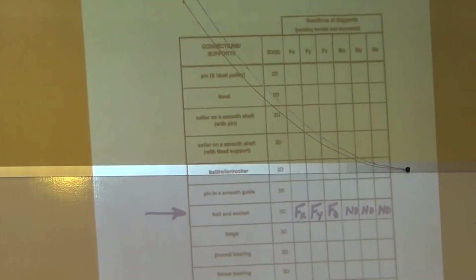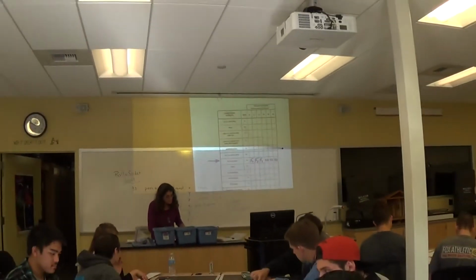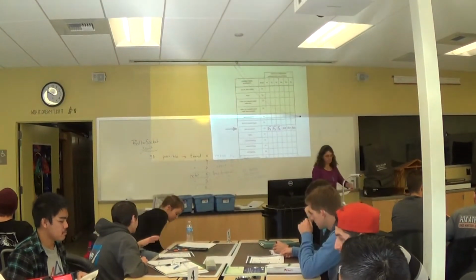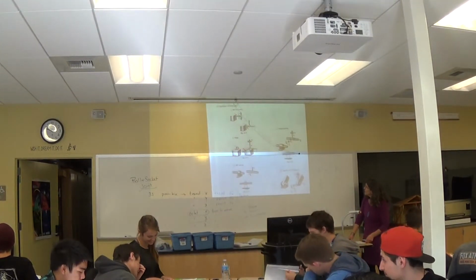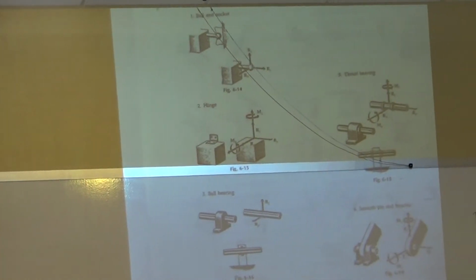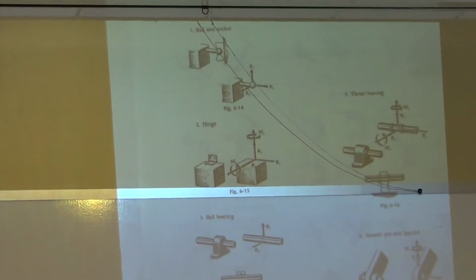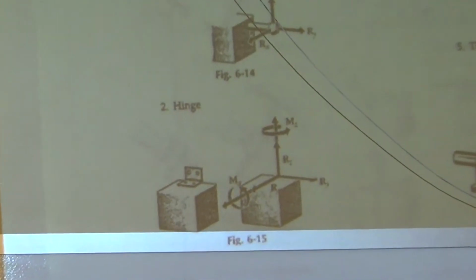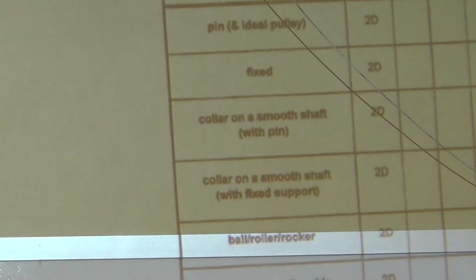In the packet, on page 22, this is what it looks like. And we're looking at a hinge. Is it on page 22? Yeah? Okay. So you can look at this if you want, but I prefer to actually look at the real thing, a hinge.